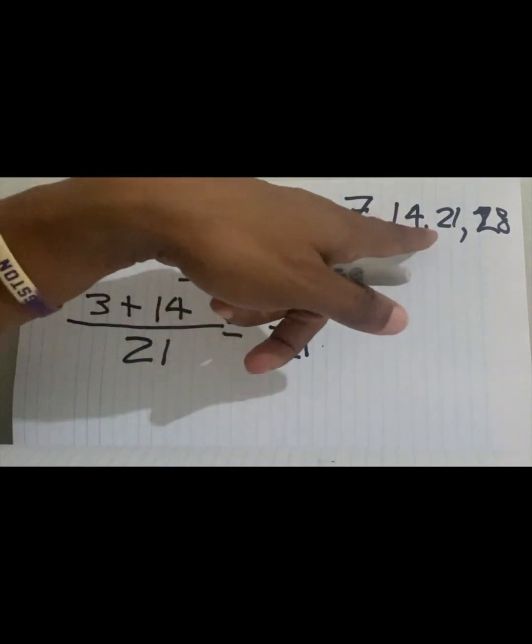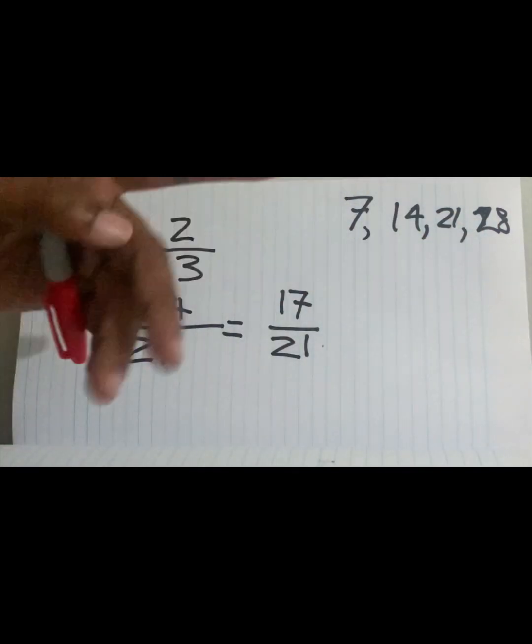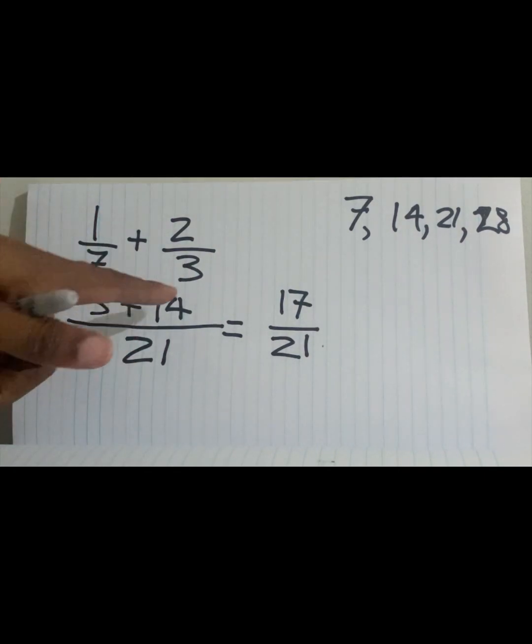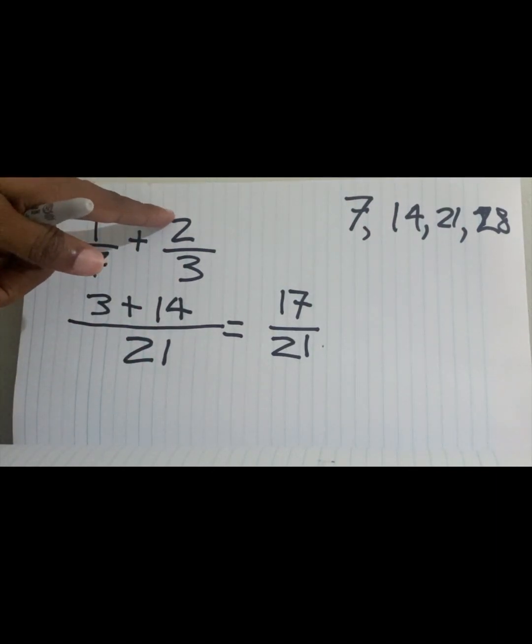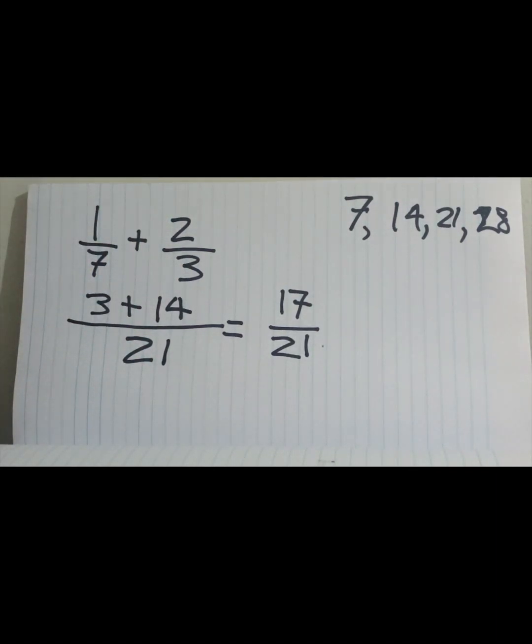If it goes beyond these numbers, you just keep going until you find the number that both will go into without leaving a remainder. So this is how we did it: the denominator into this number times the numerator. That's all we did. Not difficult at all.